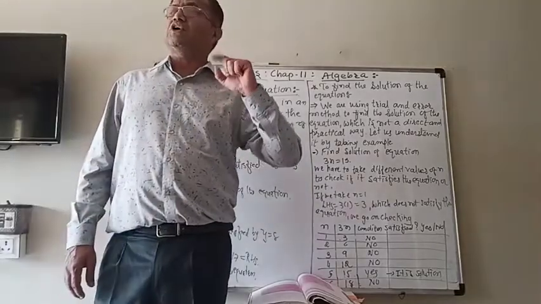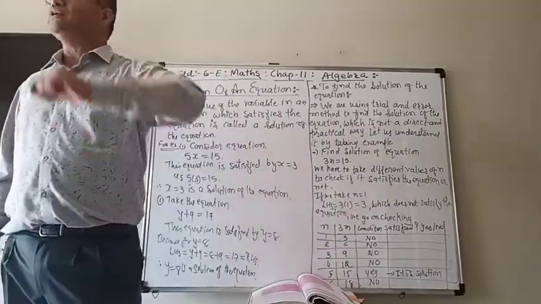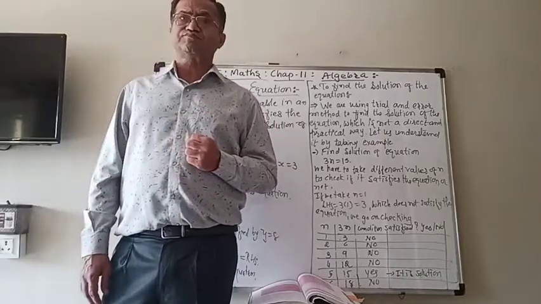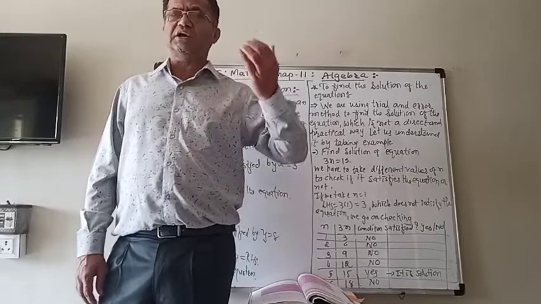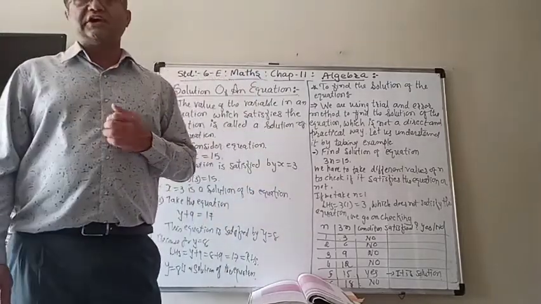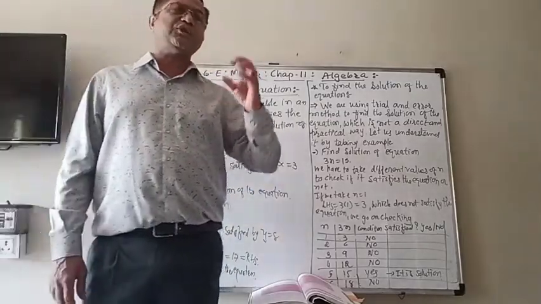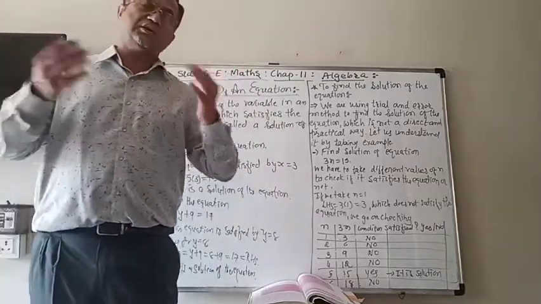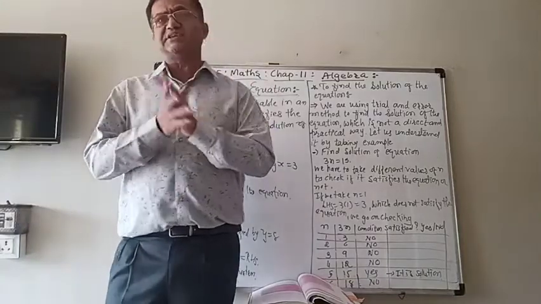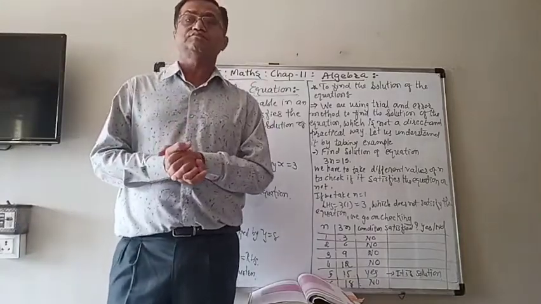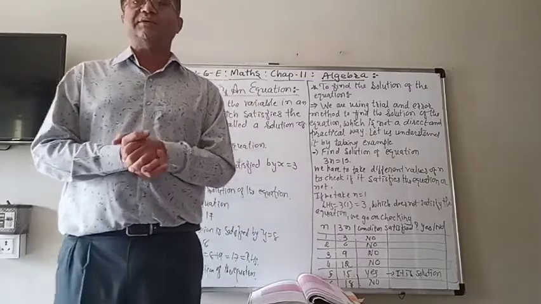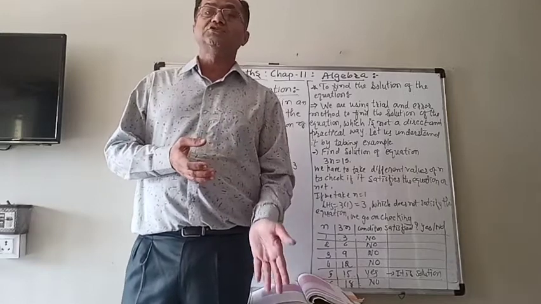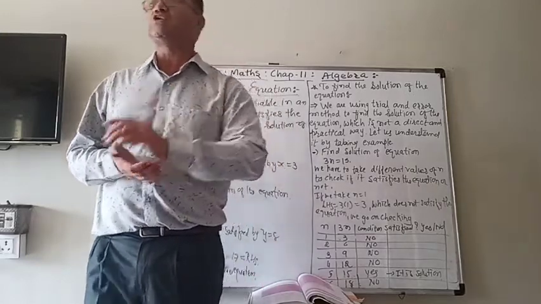Because not for any value will the equation be satisfied. We saw in the last video that for a specific value of the variable, the values on both sides, LHS and RHS, become equal, and that particular value is called the solution of the given equation.